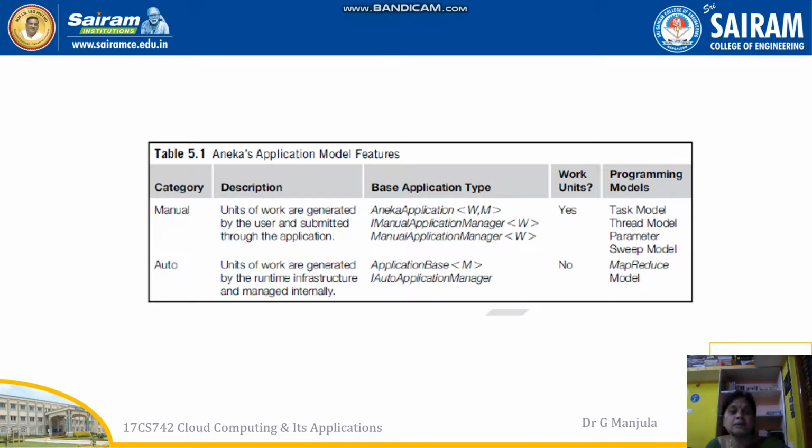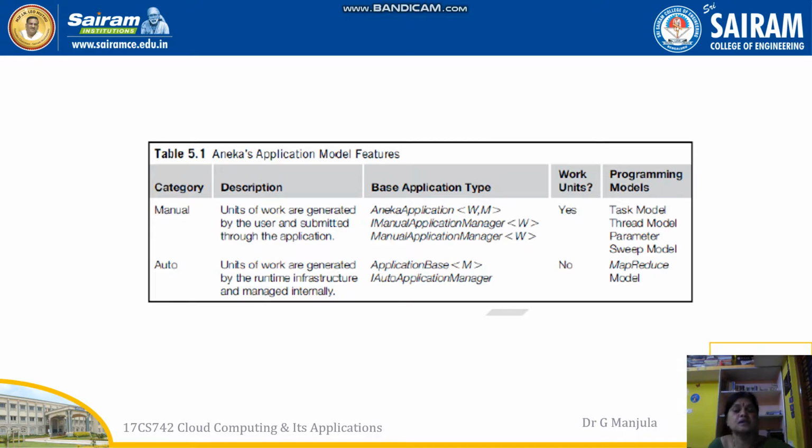I am going to submit the data through an application. But when you say automatically, units of work are generated by the runtime, on time, while executing, and managed internally by the runtime infrastructure. Automatically I can process, access, generate, and give a job task at runtime. These are some of the application types.